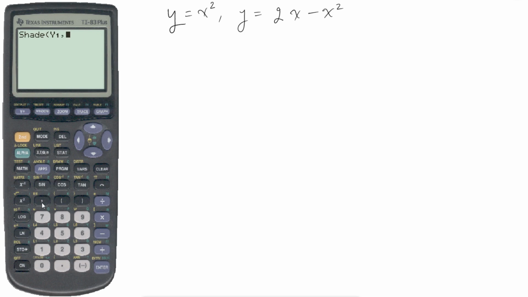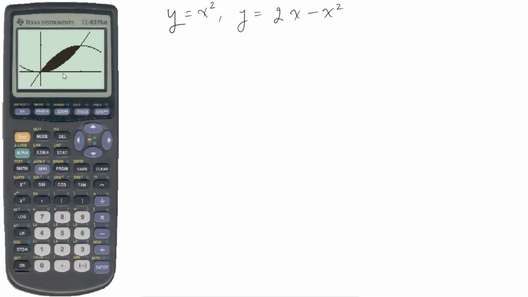Then I hit comma, do the same thing and choose y2, and close my bracket. I could have also put in my functions directly: x squared, comma, 2x minus x squared, close bracket. Either way it works, and when I hit enter, it draws it for me, and it shades it in.